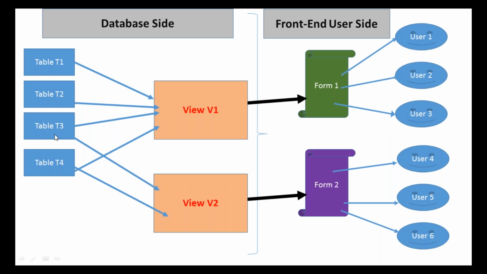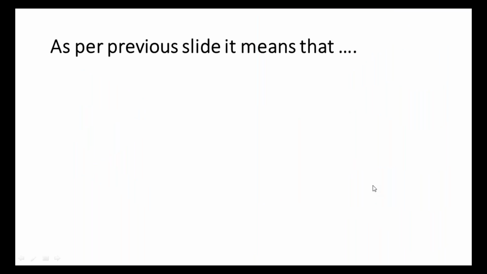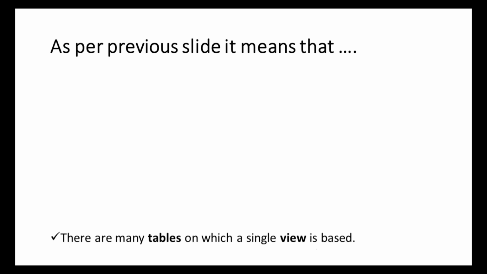V2 is based on what? Table 3 and table 4. If I drop these two tables, then the view will become orphan, and all the applications which are using V2 will be invalid.